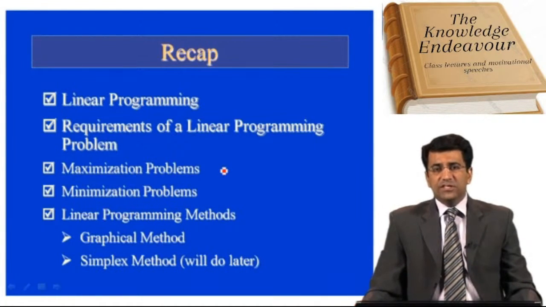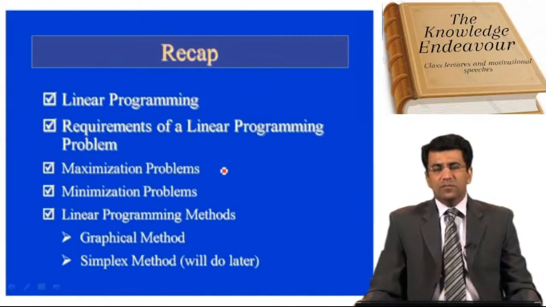For example, if you are interested in decision variables x1 and x2, of course the quantity of the product x1 or x2 cannot be negative. So in this case there will be a non-negative constraint, that is x1 and x2 will be greater than or equal to 0. Such constraints are generally referred to as non-negative constraints.